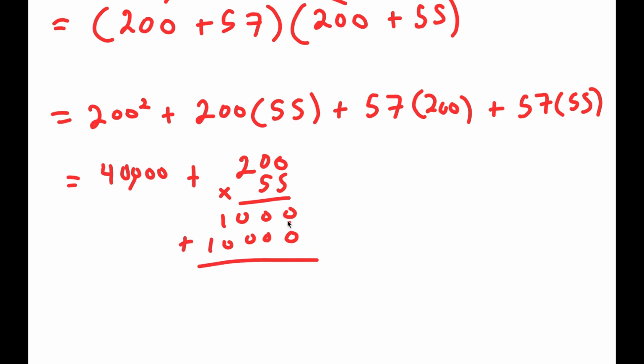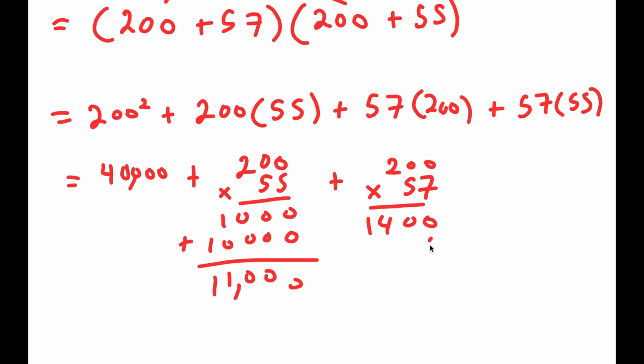And I add these up, 0 plus 0, 0, 0, 0, 1, 1. So I get 11,000. Plus now 57 times 200. I'm going to do the same thing. 0, 0, 7 times 2 is 14. 0, 0, 5 times 2 is 10. 4, 1, 1. So I have 11,400.